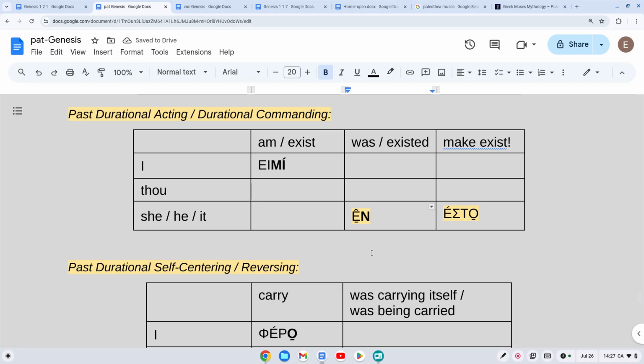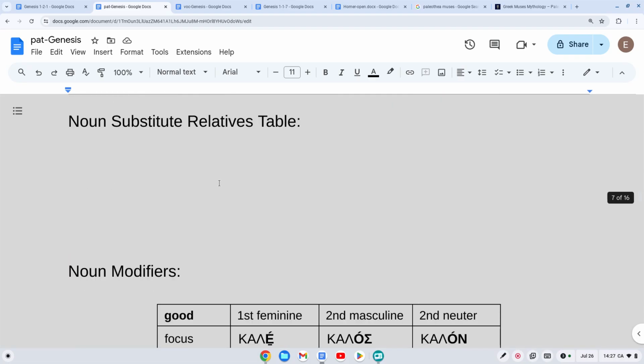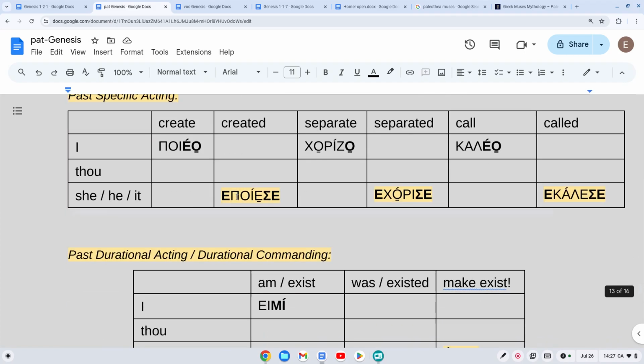All right. I'm not sure if that's exactly aligned. I can do that later. Let's highlight, bold the ending. Okay. Make exist. Make it exist.